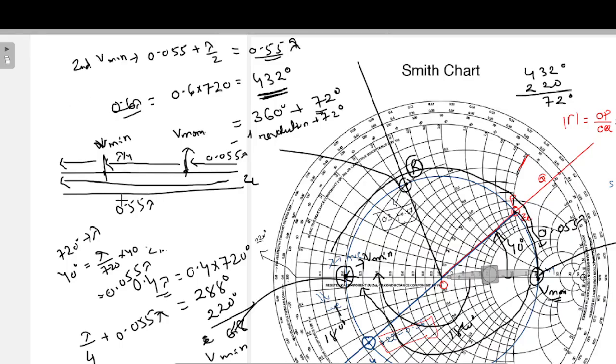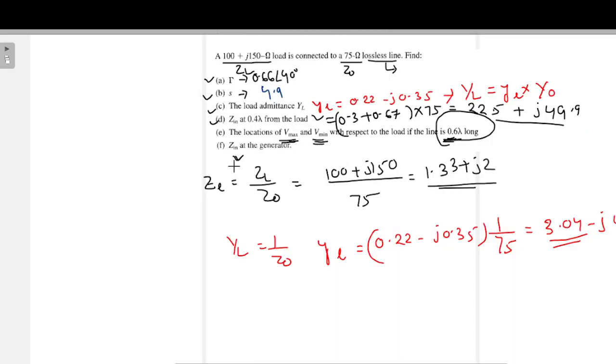And what is this value? This value will be around 0.305. So we'll write the answer. The location of Vmax, so we have two Vmax. The first Vmax we got at 0.055 lambda.